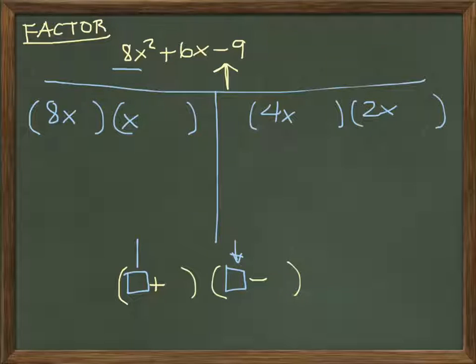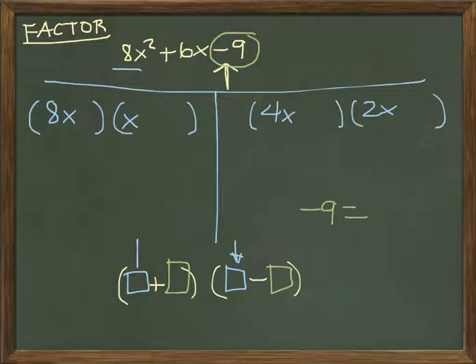The other thing you know is that for the numbers you're going to write in the other entries, when you multiply this box times this box, that's how you're going to get the negative 9. So the negative 9, you can get it in basically two ways.